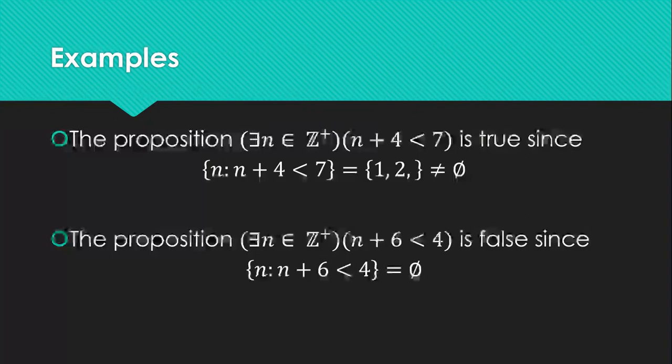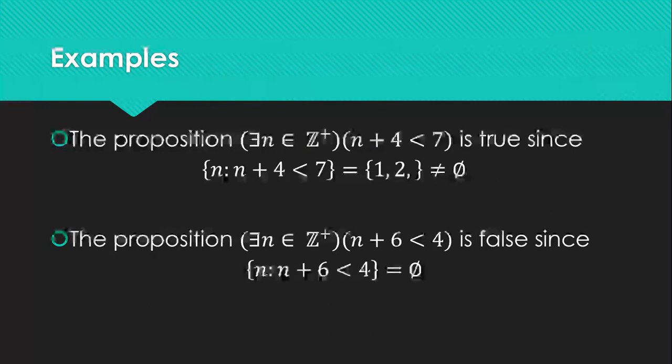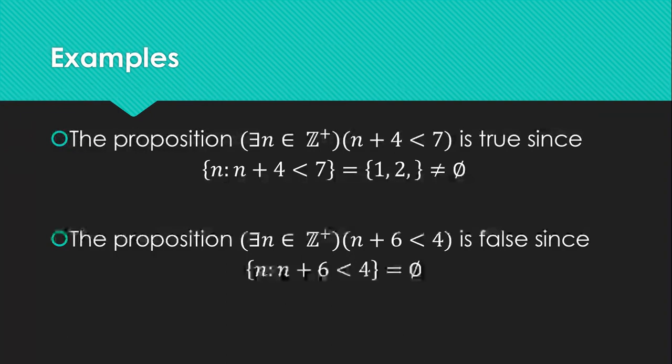For the universal quantifier, all elements of the given set must make the propositional function true. Meanwhile, for the existential quantifier, there must be at least one element in the given set that, when substituted into the propositional function, makes the statement true. Or else, it will be the null set, or false. That's all.